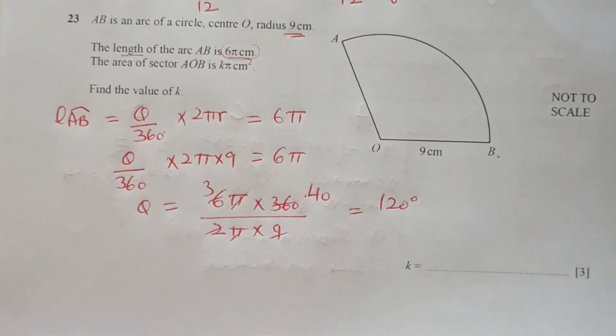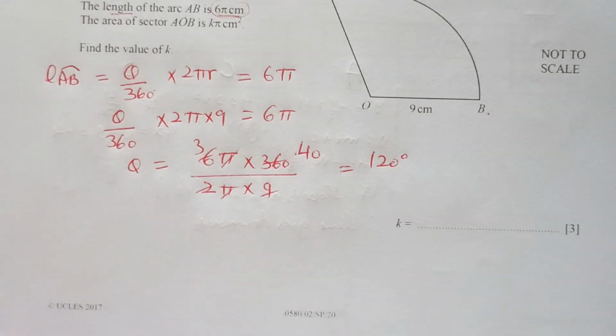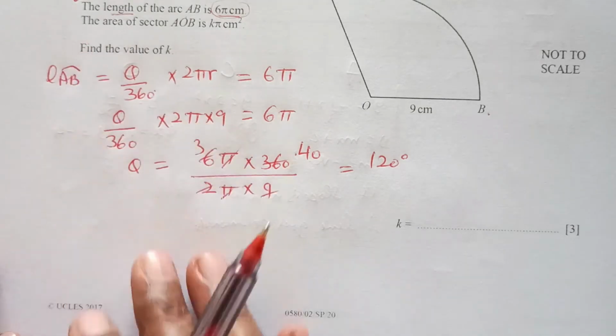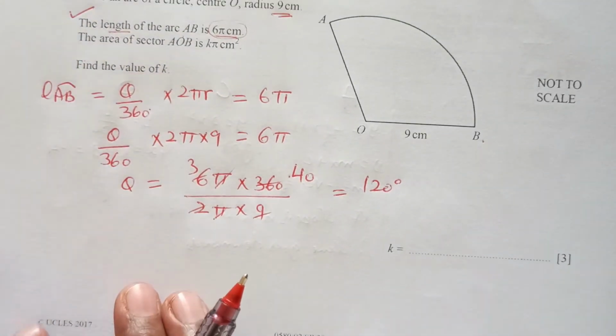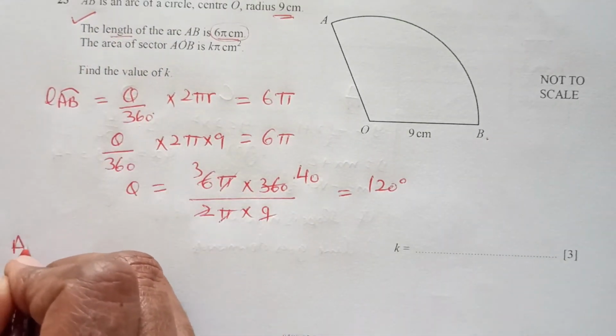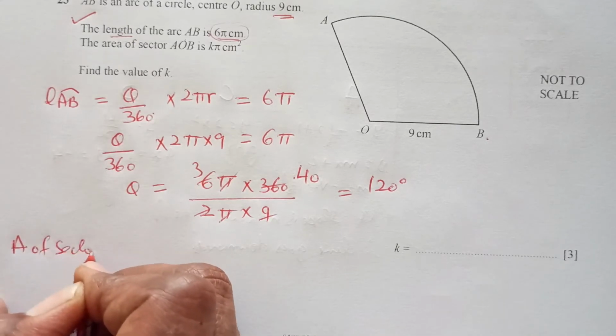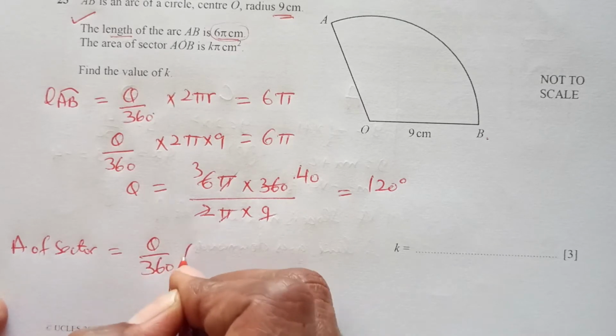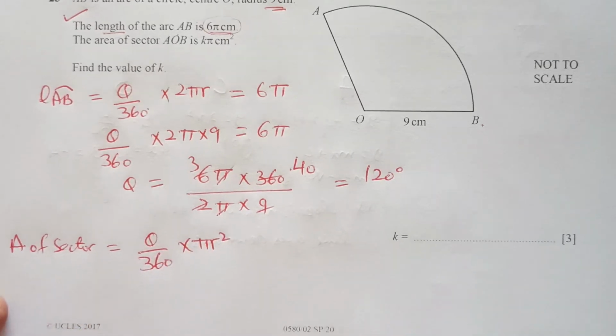You can do these calculations by calculator directly. So we are done with this. Second thing, we are given the area of the sector. Area of sector formula is theta over 360 times pi r squared.